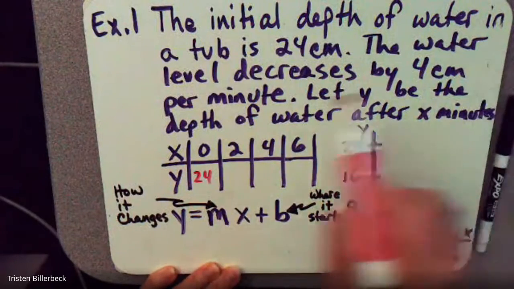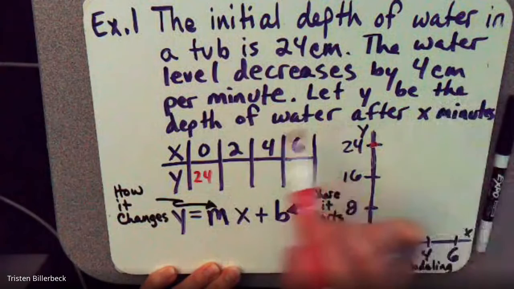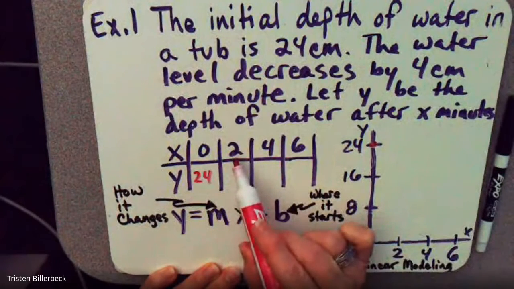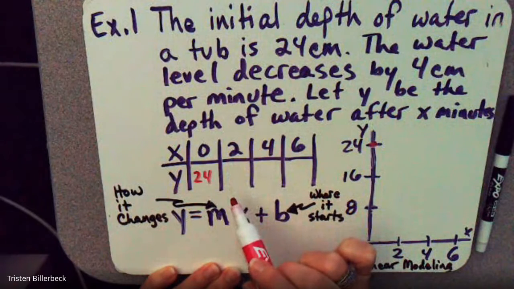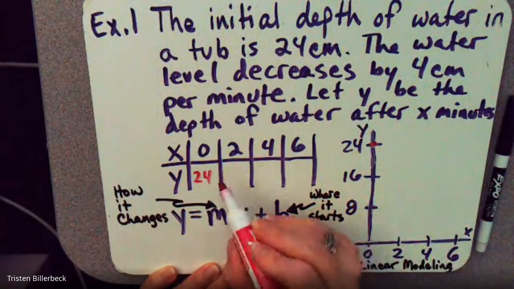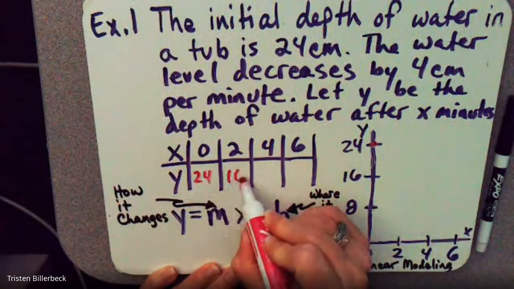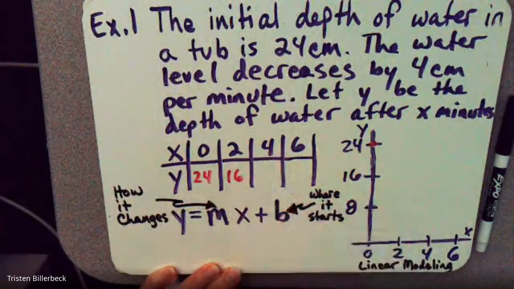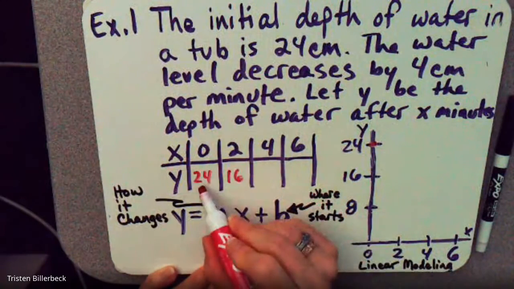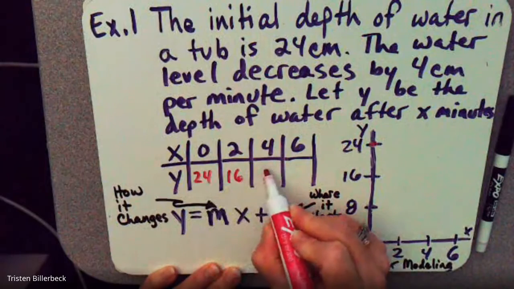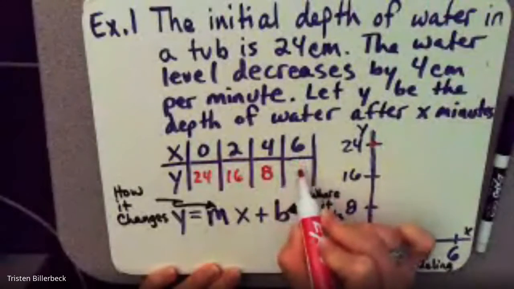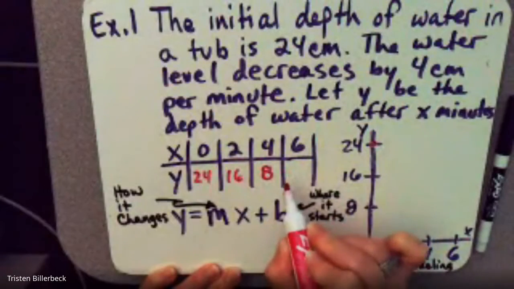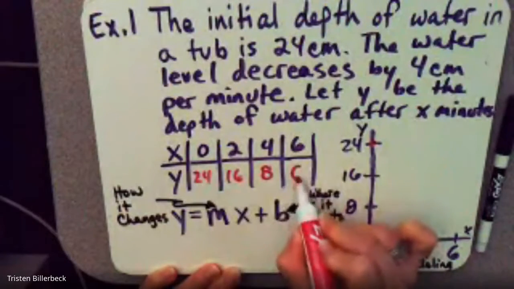If this is 2 minutes, I've decreased by 8 because 2 times 4 is 8, so I'm at 16. And 4 times 4 is 16, so if I decrease by 16, I get 8. And 4 times 6 is 24, so 24 minus 24 is 0.